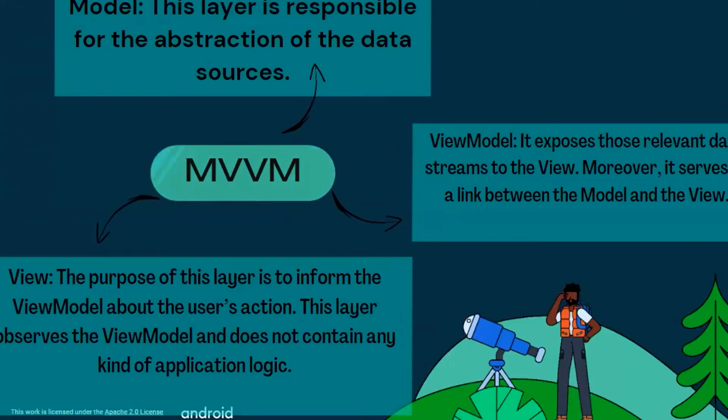Okay, so what is it exactly? From the full form, it's evident that it has three parts: view, model, and view model. Now, let's dive into each one of them one by one. First, let's start with the view. From the previous two sessions, I think you guys now have an idea what a view is, right? What is it?